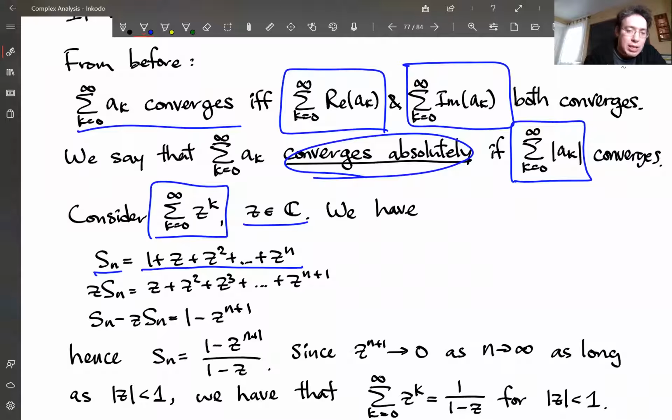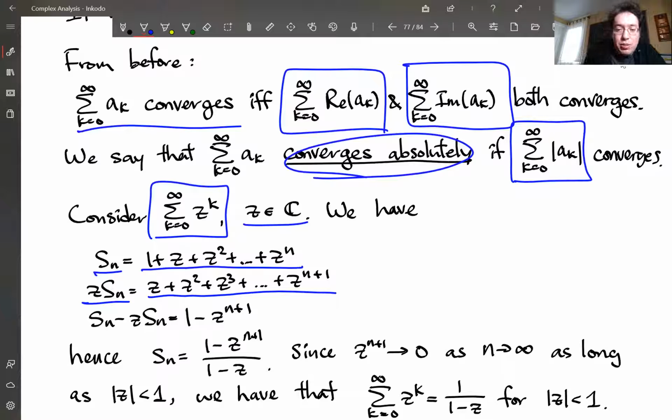If we multiply each of the terms with z, then we get almost exactly the same partial sum, except we don't have a 1, and we have one extra term at the end, z to the n plus 1, instead of ending after adding z to the n.